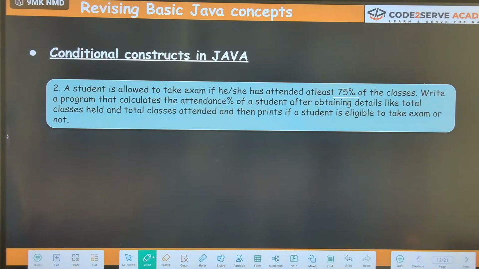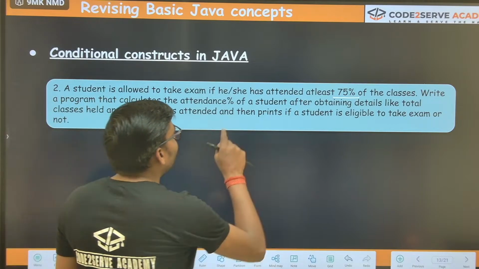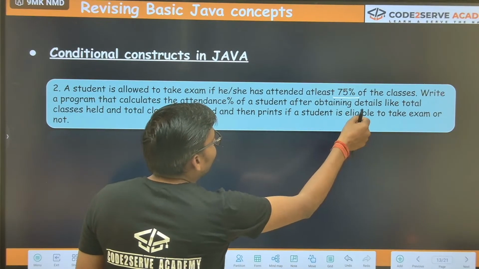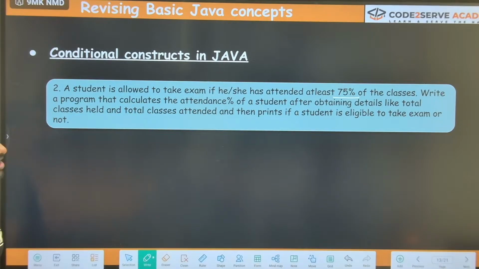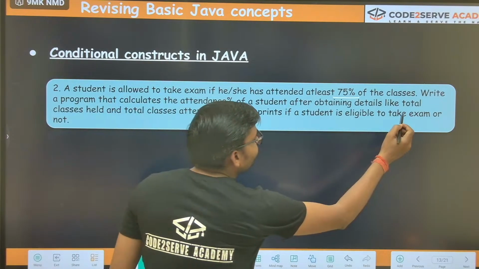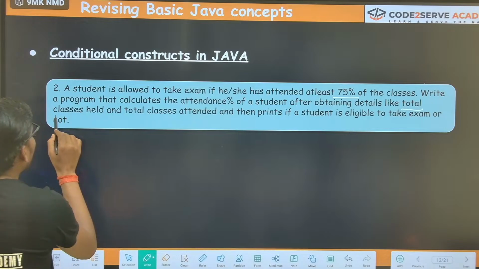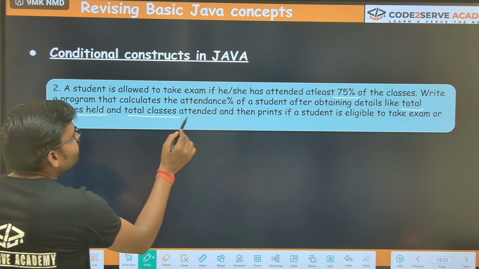So how much percent of class you attended, that you have to calculate, and then of a student obtaining the details. So what you have to take as input here, obtaining the details like total classes held, total classes attended.